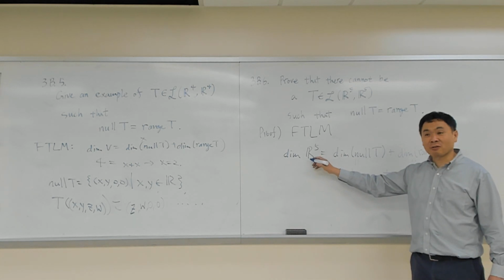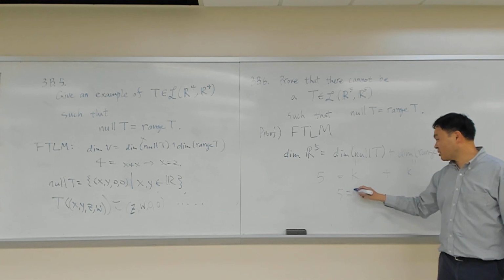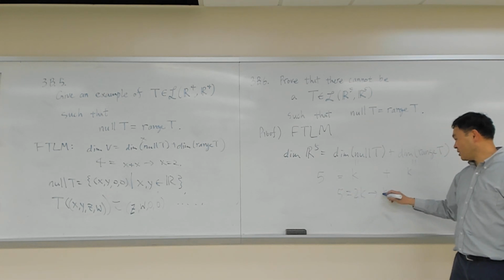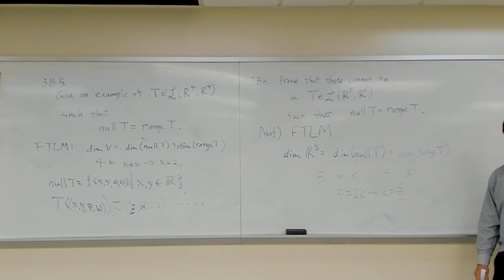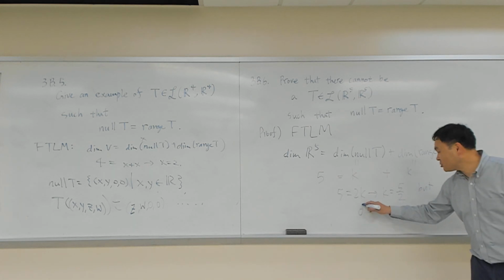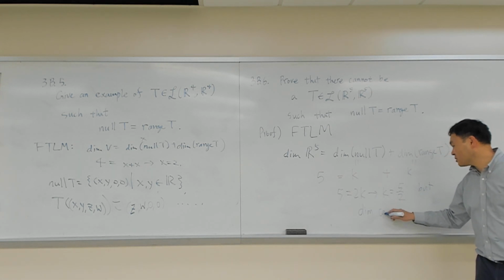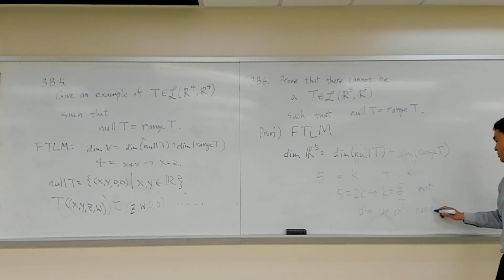And dimension of R5 is clearly 5. So you have 5 equals 2K. K is 5 over 2, but dimension can only be integers, right? Natural numbers, so non-negative integers. So dimension can only be non-negative integers.